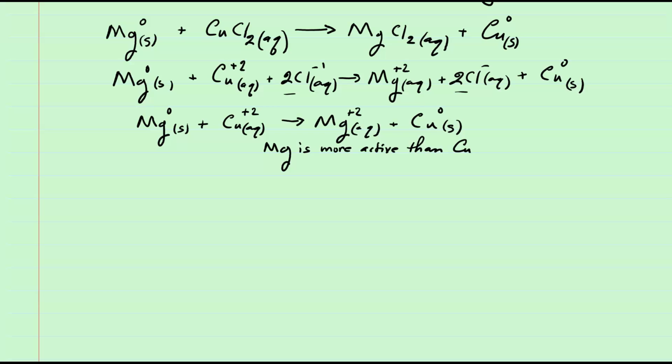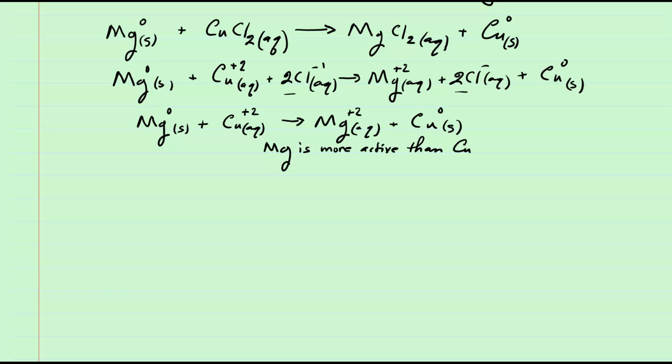When we lose electrons, we call that an oxidation. When we gain electrons, we call that a reduction. So this is called a redox reaction, a reduction-oxidation. Every time something loses electrons, something else gains electrons.